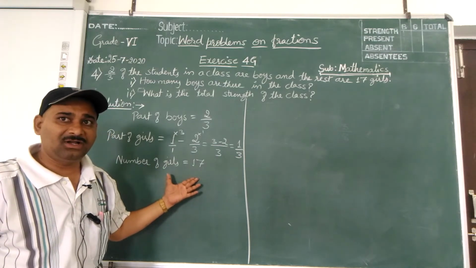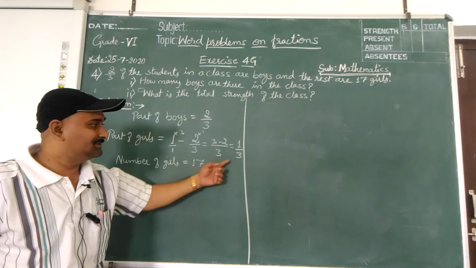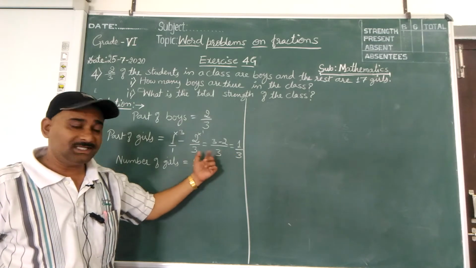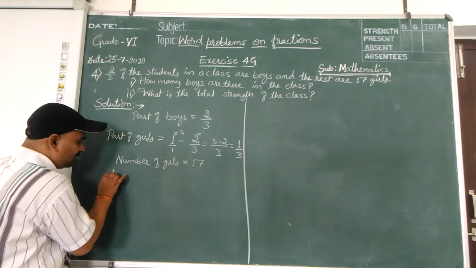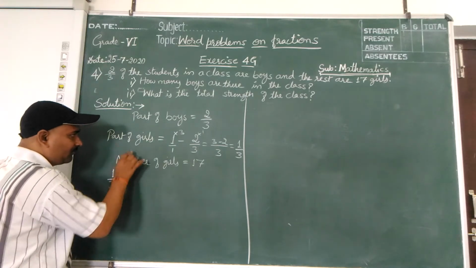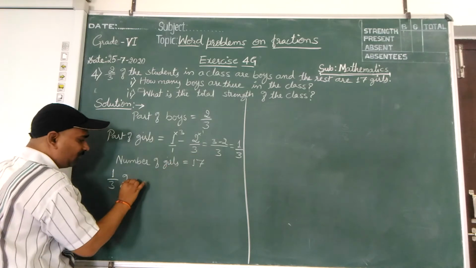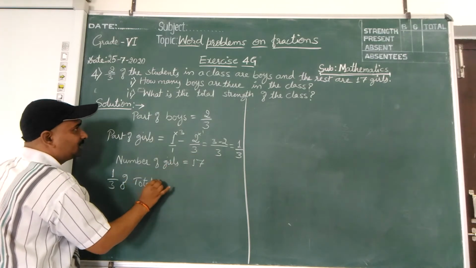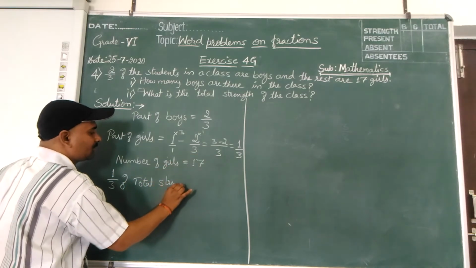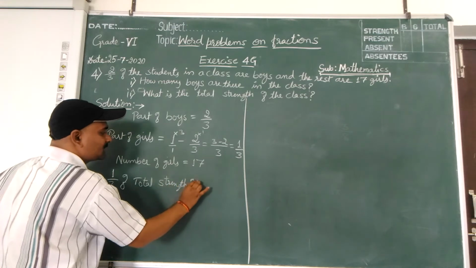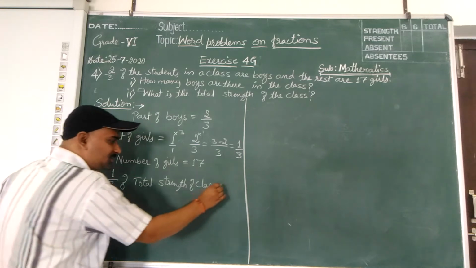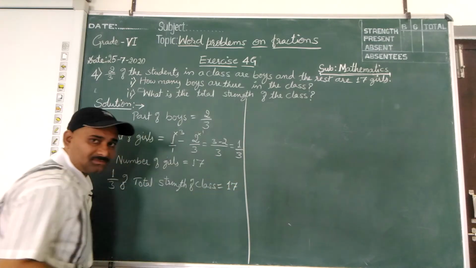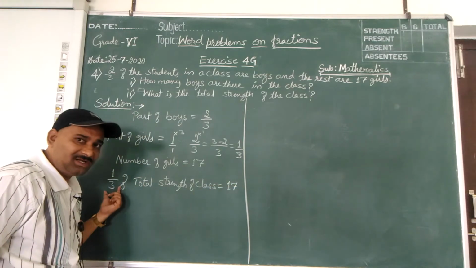So how to find out now? 1 by 3 of total strength are girls, correct? 1 by 3 of the total strength of the class are girls, no? 17. 1 by 3 is the part of girls.